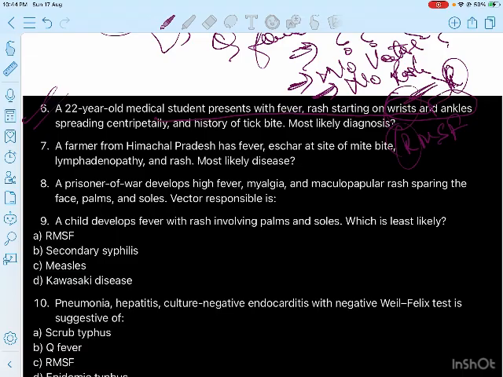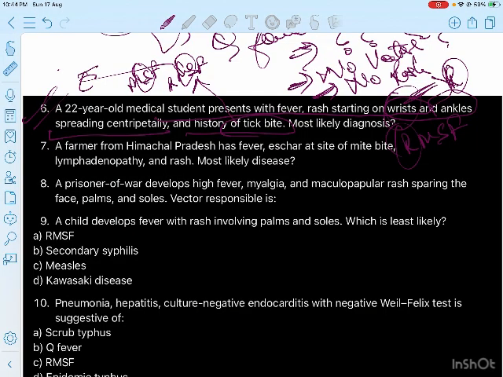Otherwise there is also a way to remember it, that first your palms and soles come in contact with the ground, so that is also another way. Spreading centripetally, and because of a tick bite. For Rocky Mountain spotted fever and Mediterranean spotted fever, both of the spotted we remembered as tick spotted, so here the answer will be Rocky Mountain spotted fever.